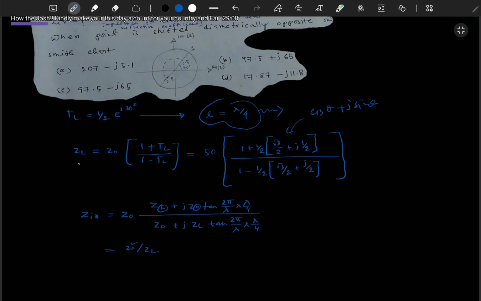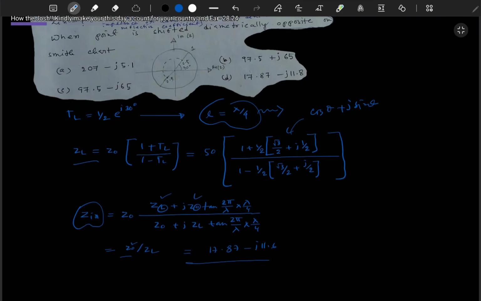We know ZL here, and Z0 also you know, so we can find out Zin. It will be somewhat 17.87 minus j 11.6. So here we are finding Zin with the help of ZL and Z0.